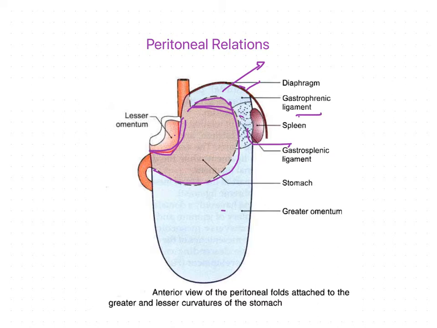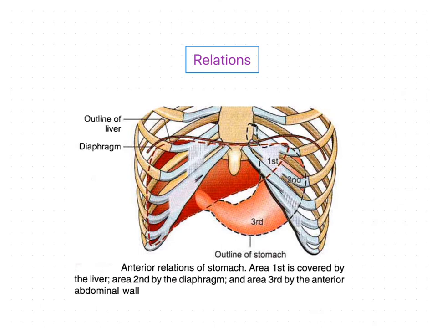Now we will move on to the visceral relations. First the anterior relations of the stomach. It is divided into three areas. This is the first area, which is related to the liver, especially the left lobe of the liver.